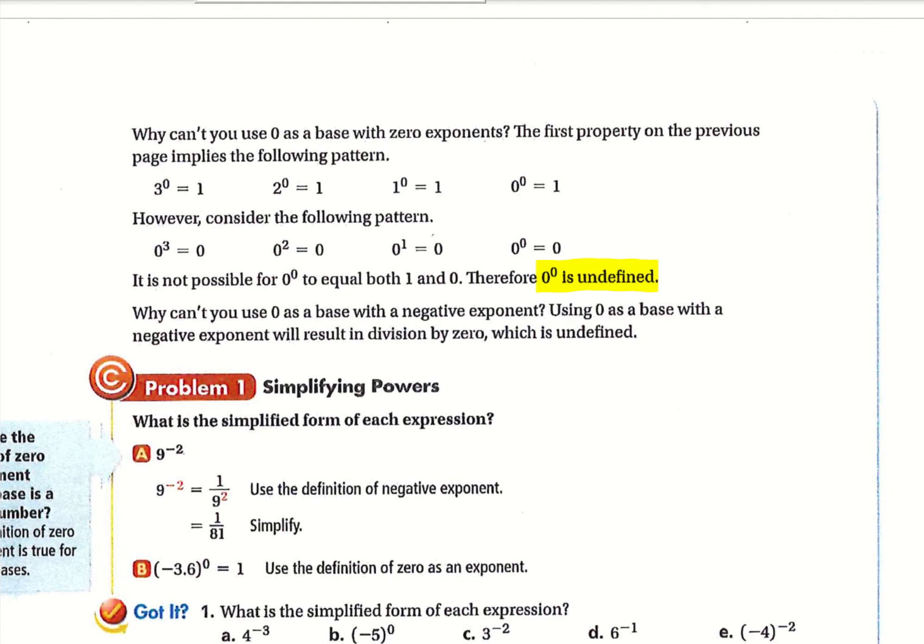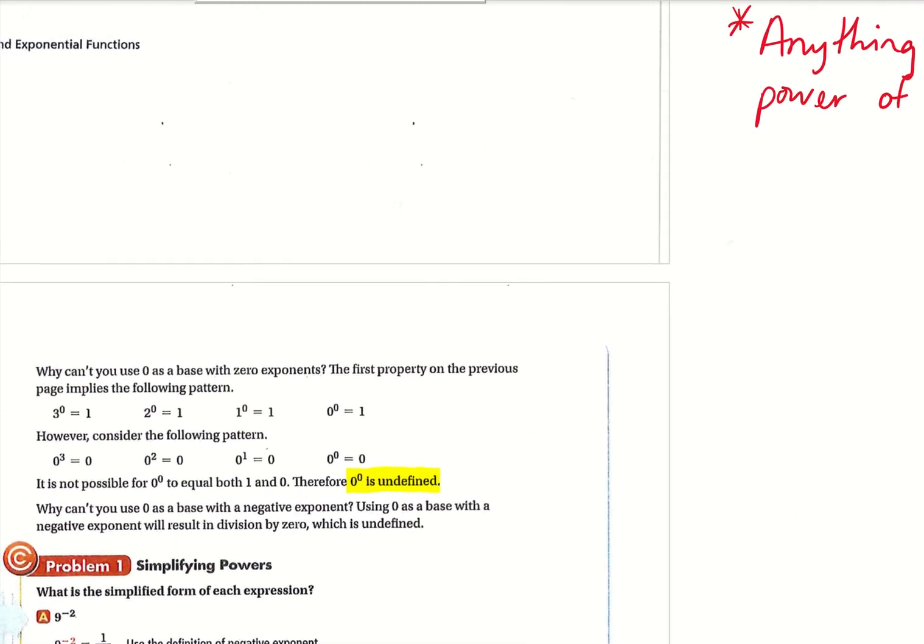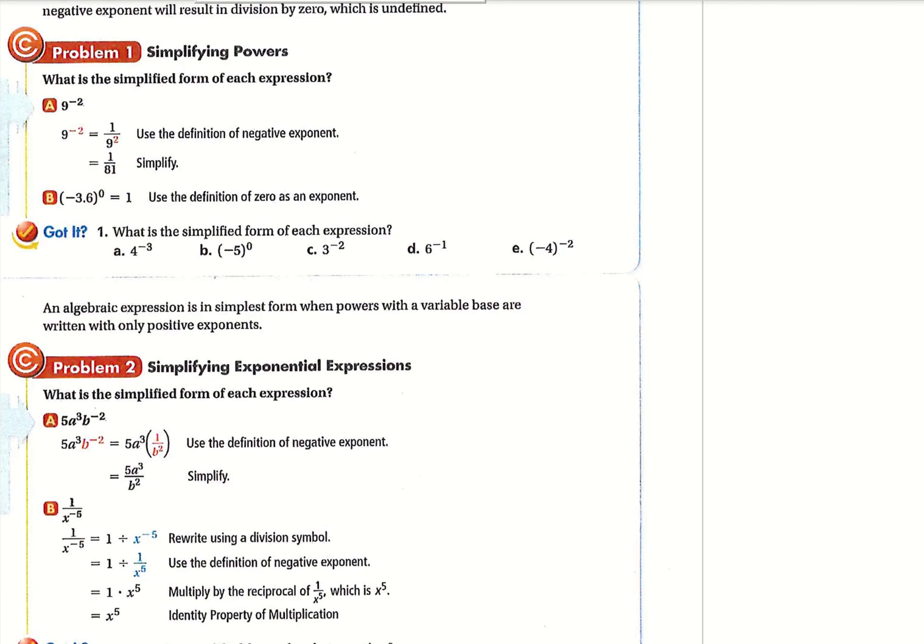If you try to type in 0 to the 0 power in your calculator, it's going to give you an error, a syntax or domain error, I believe. That's what we need to know about 0 to the 0 power.